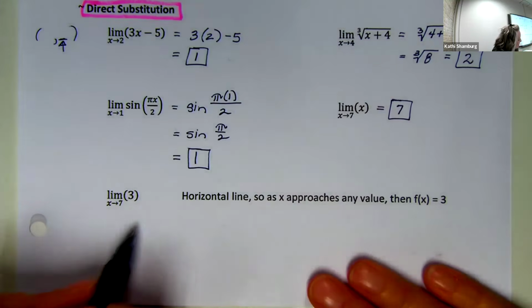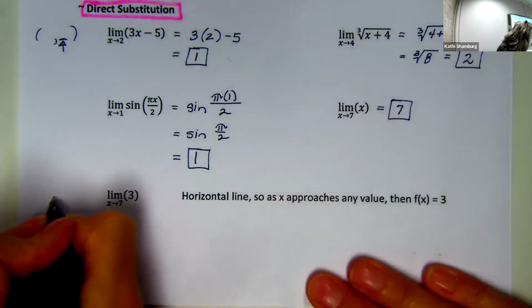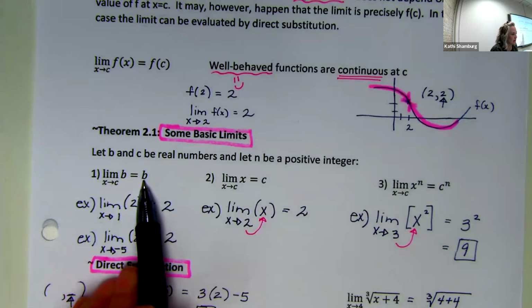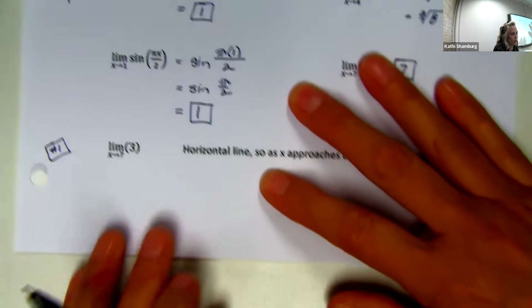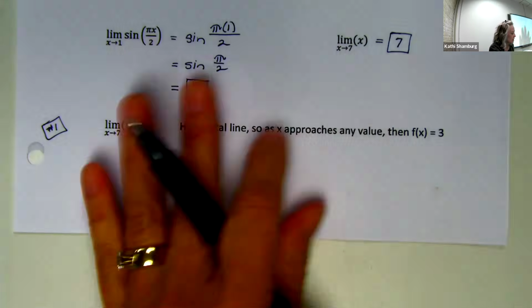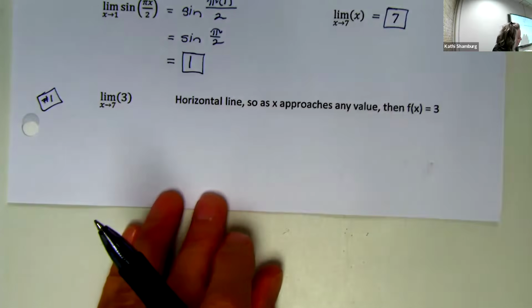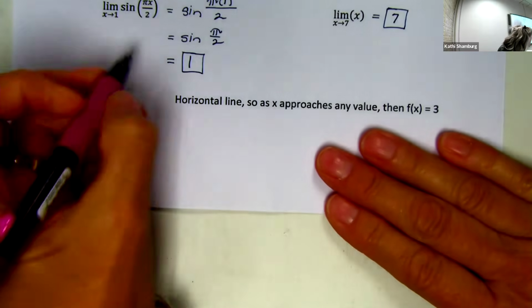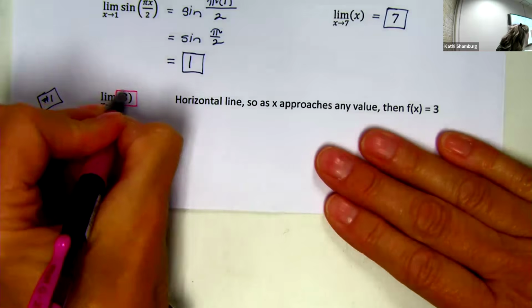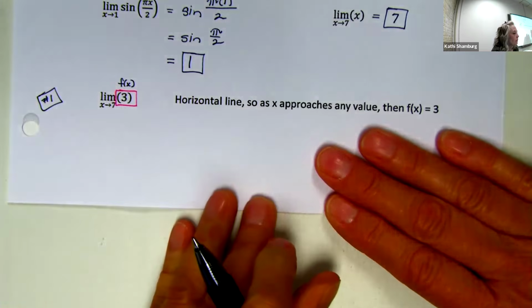Now, this is an example that goes along with rule or property number 1 that we just looked at, where if you have a constant, that limit is a constant. I'm going to give you the why behind that. If it clicks, yay. If it doesn't, memorize it until it clicks. All right, this right here is what we consider our f of x.